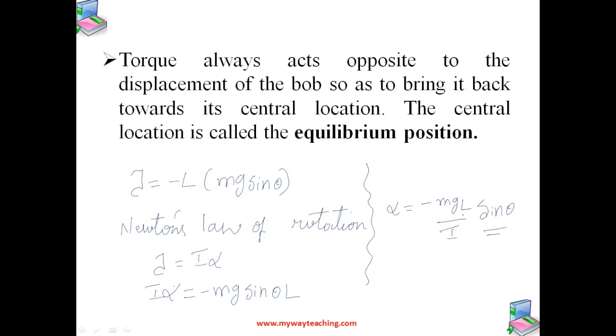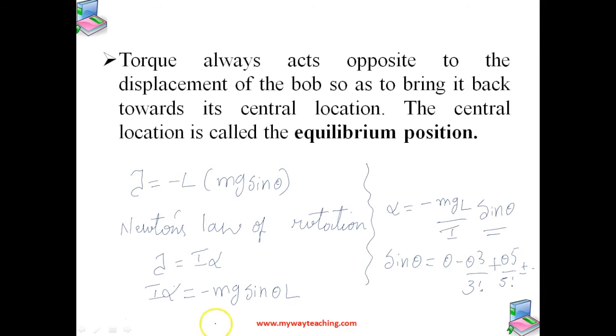And we can simplify this equation if we assume that the displacement theta is very small. We know that sin theta is equal to theta minus theta cube by 3 factorial plus theta to the power 5 by 5 factorial, and the series continues, where theta is in radians.